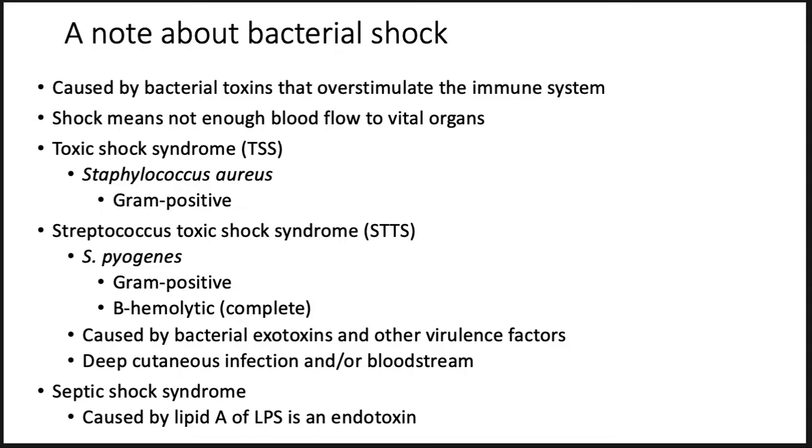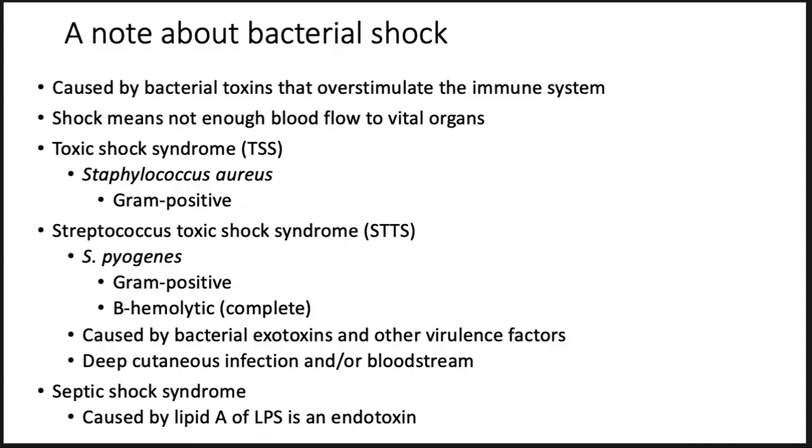Staphylococcus aureus can cause a whole range of diseases depending on where it gains entry into the body. It is a gram-positive bacteria, which is the main bacteria responsible for toxic shock syndrome.